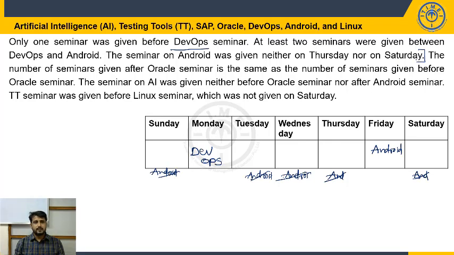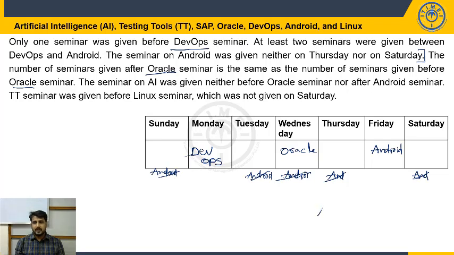Up to here, complete information is utilized. The number of seminars given after the Oracle seminar is the same as the number given before Oracle. So the only place that satisfies the condition is the middle position, Wednesday. The seminar on AI was neither before the Oracle seminar nor after the Android seminar.